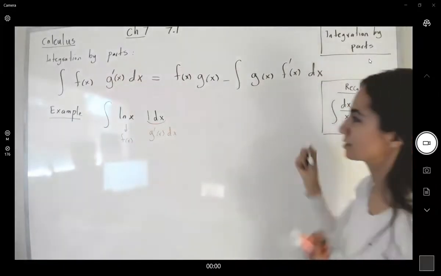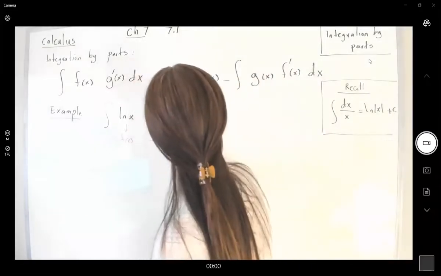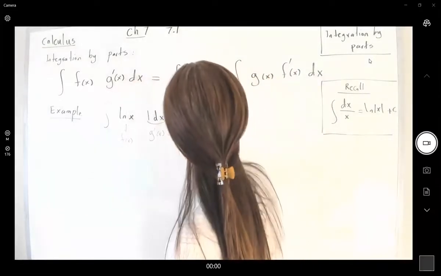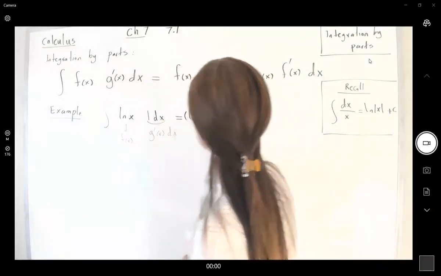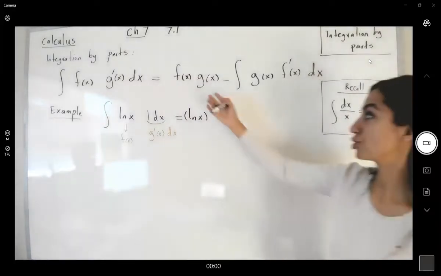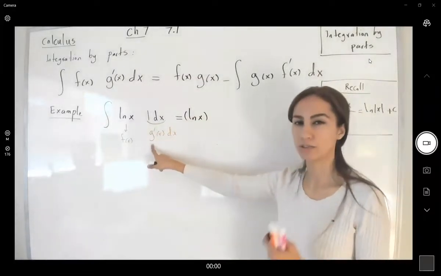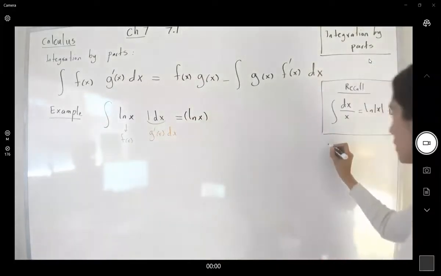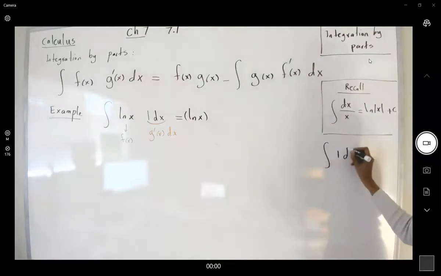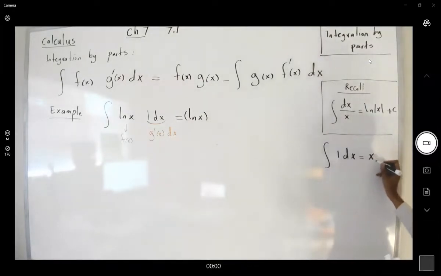Our formula says this is equal to f of x, so I'm going to copy down ln of x times g of x. G of x is the antiderivative of 1. The integral of 1 dx is just x plus c.